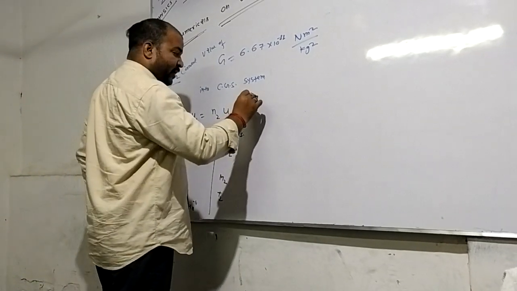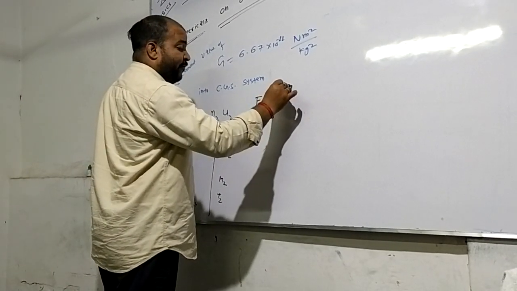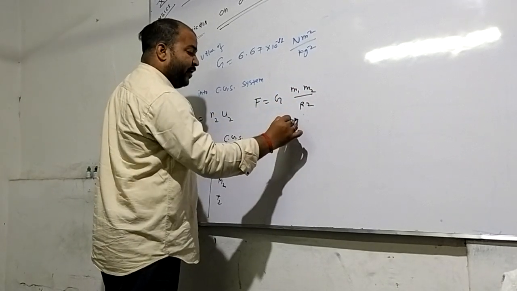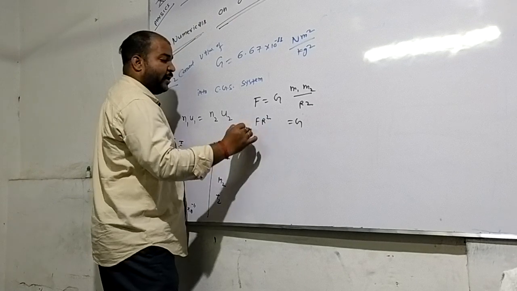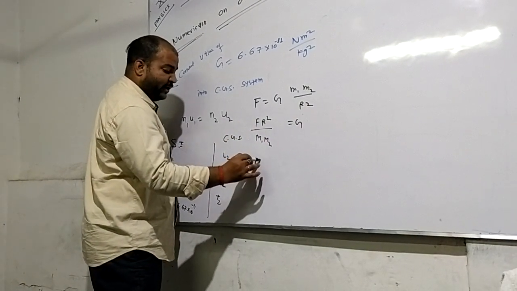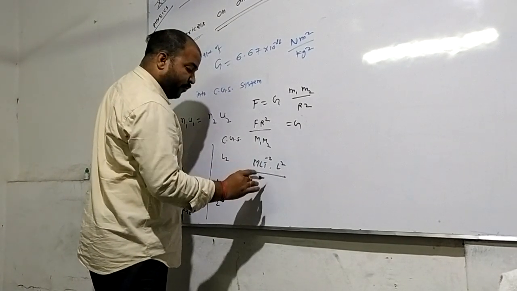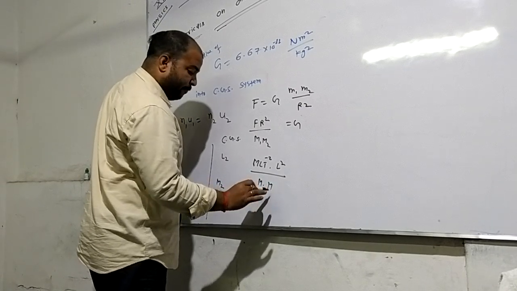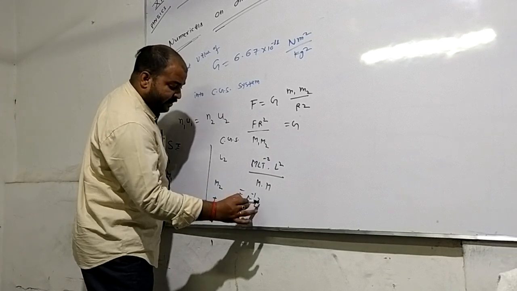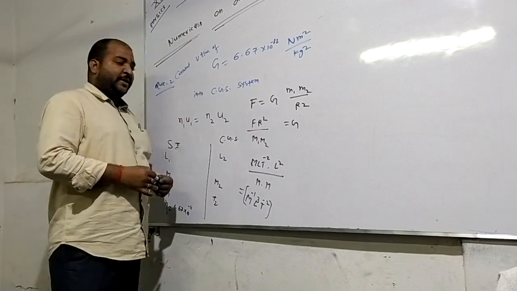As we know, the dimensional formula of the gravitational constant: from class 9, F equal to G M1 M2 upon R square. Obviously G equals F R square upon M1 M2. So the dimensional formula of F is MLT minus 2, R square is L2, and M1 M2 is M dot M. So M minus 1 L3 T minus 2 is the dimensional formula of the gravitational constant.